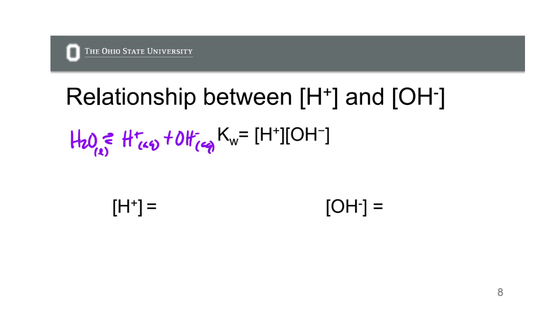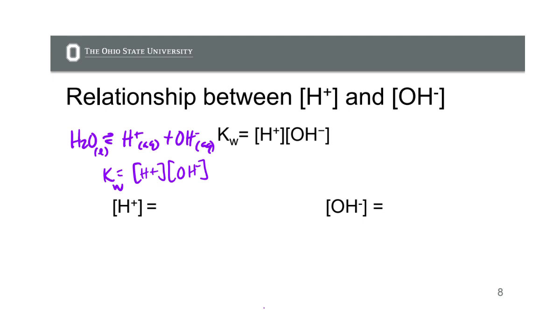Okay, so the equilibrium: water as a reactant dissociates slightly to H plus and OH minus. We give that a special value, that's our Kw, and this is equal to what we've already written over there, H plus times OH minus. So that's just the products.